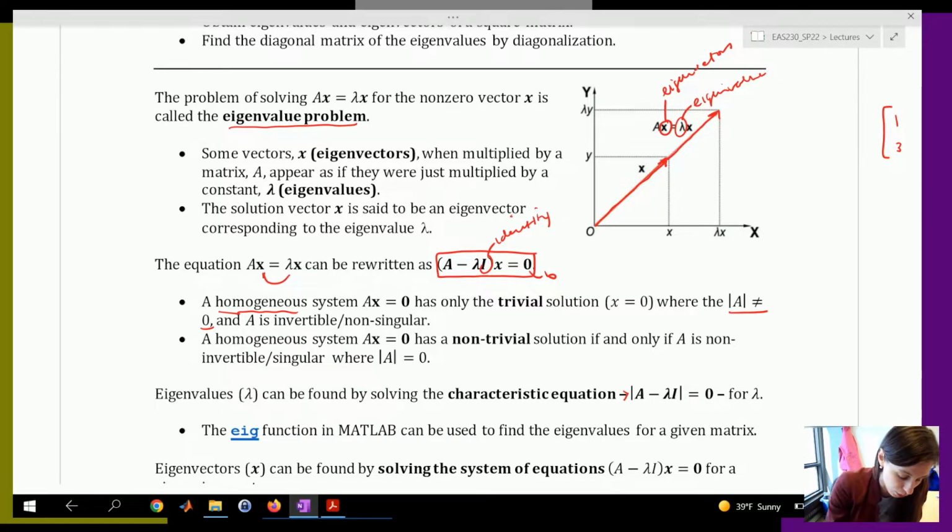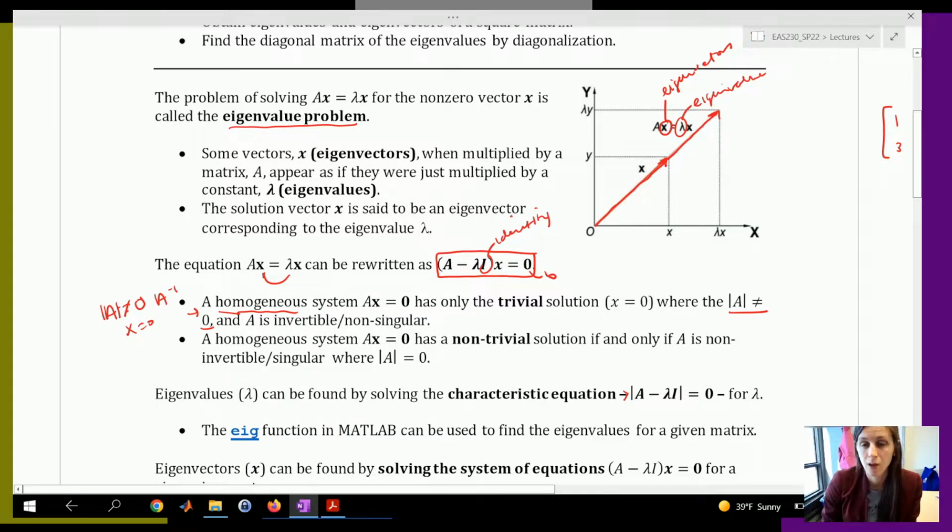If the determinant of A is not equal to 0, A inverse exists, but my solution is only ever going to be 0. That's not really interesting.